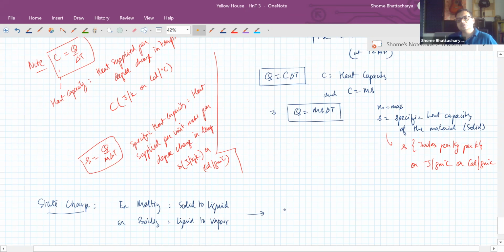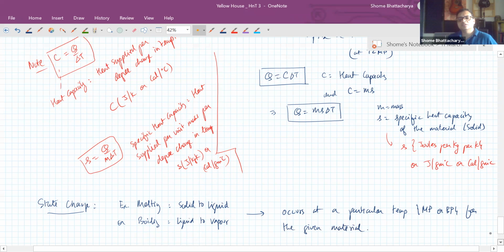Now this state change occurs at a particular temperature, which is the melting point or boiling point for the given material or substance.